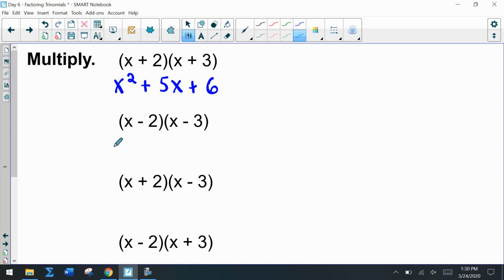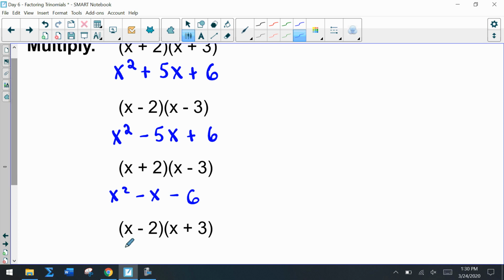And then the second one ends up becoming x squared minus 5x plus 6. The third one, x squared minus x minus 6. And then the last one, x squared plus x minus 6.